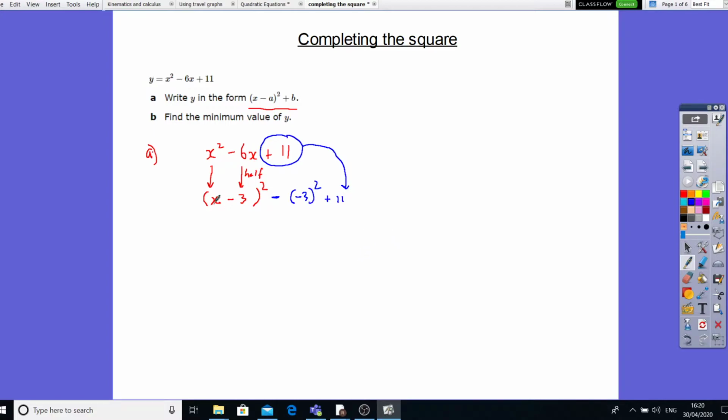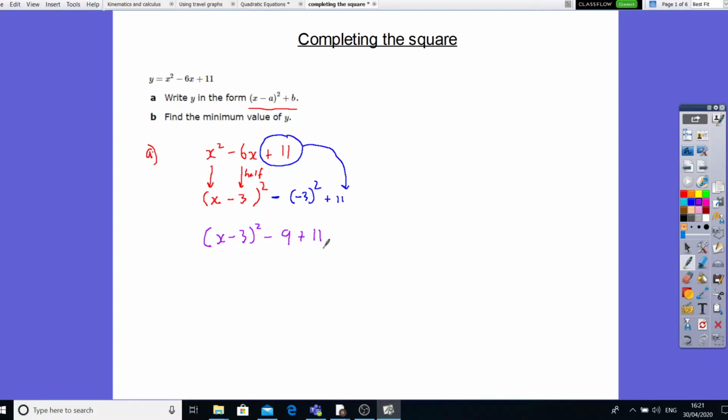Now if we go about writing what we've left, we've got brackets x minus 3 squared minus, now minus 3 squared is positive 9, so two negatives make a positive, so this is always going to be taken off, and then we've got plus the 11.